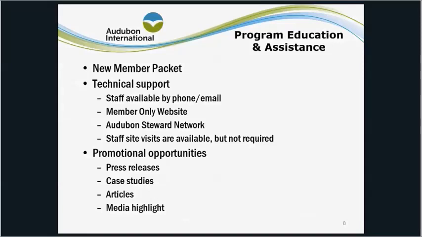Our Audubon Steward Network, which is a list of people that we have identified as being really familiar with the ACSP process throughout the country. Now, they may be superintendents, or they could be local environmental groups or other people in areas, but we have a map of this under news and resources on the website, so you can see who's in your area and who you can reach out to.